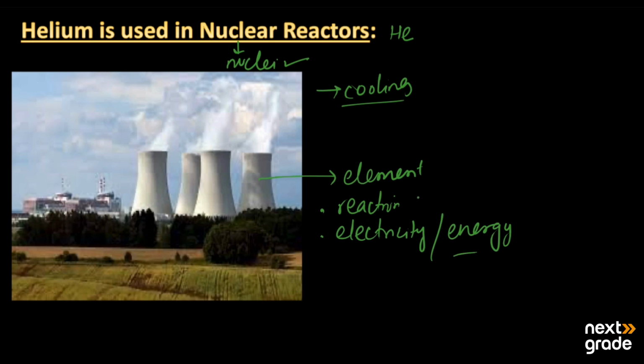Due to all these reactions they are going to heat up, so we need to cool them. For this purpose we use helium gas as a cooling medium. As you can see, a lot of smoke is going out because the chemical reactions taking place in these reactors produce high energy, and they also produce electricity.